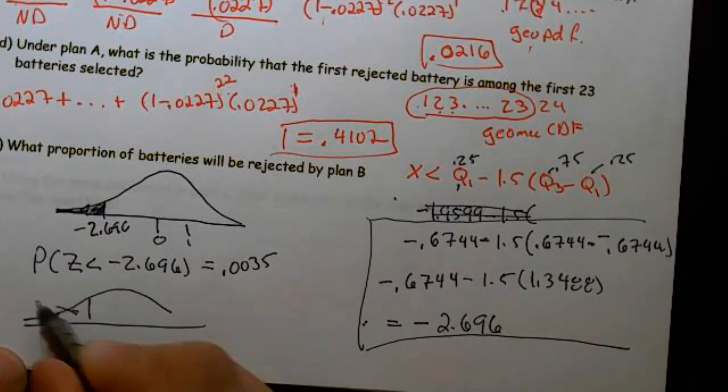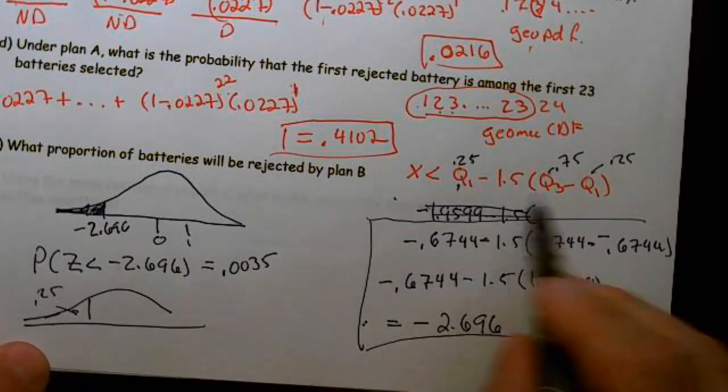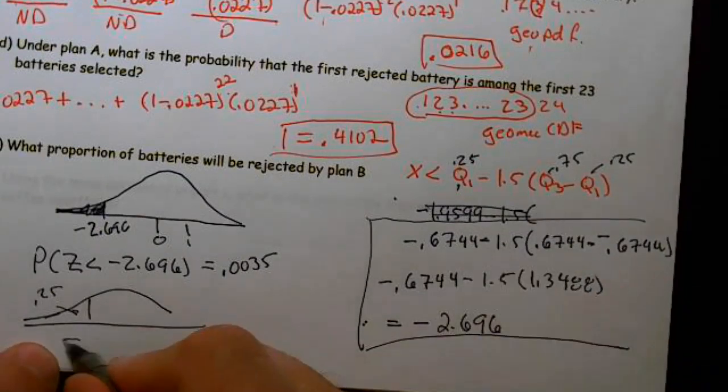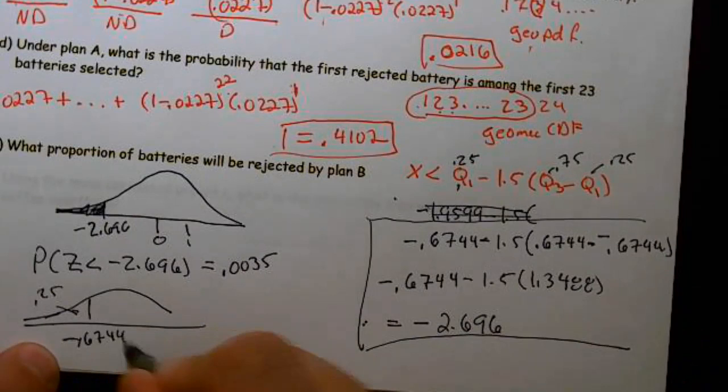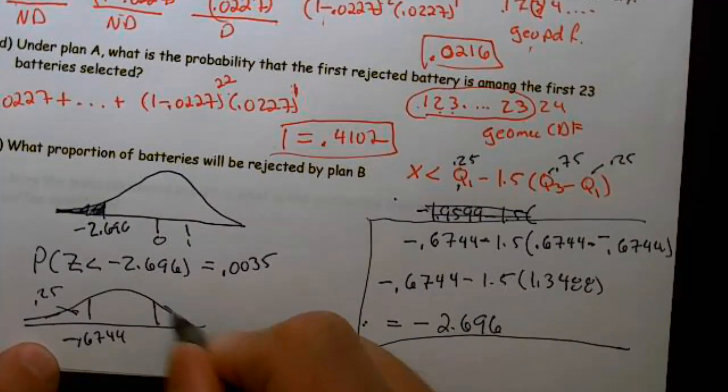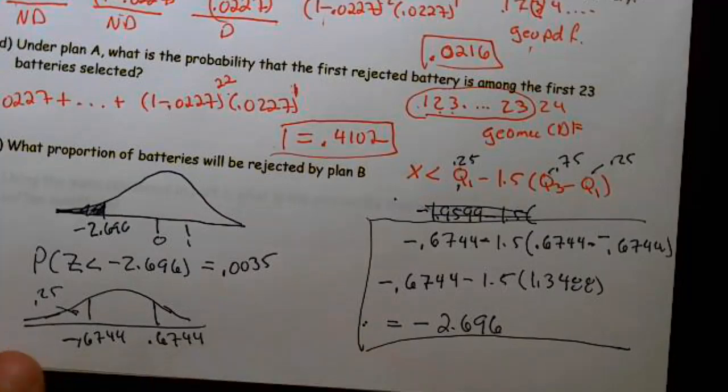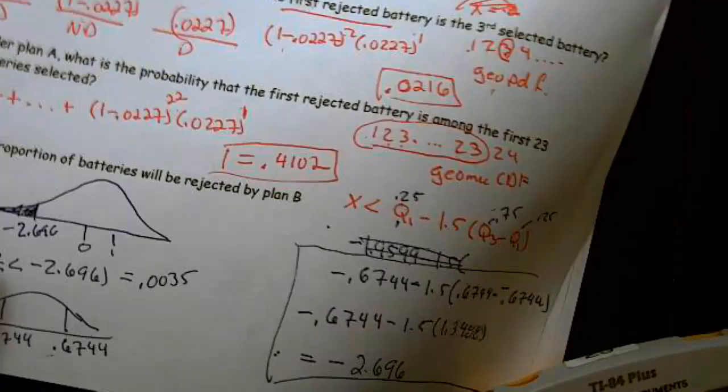They gave me this area 0.25, and I found out that this z-score was negative 0.6744. And then up here at 0.75, this is 0.6744, right? Because that's how we established our IQR, was that difference. Okay. All right. So that's scenario number 2.